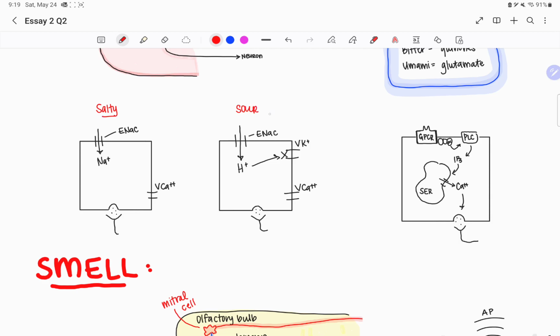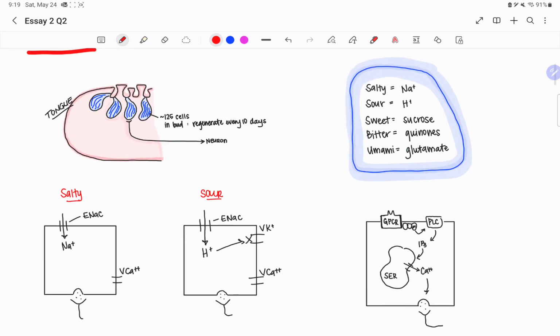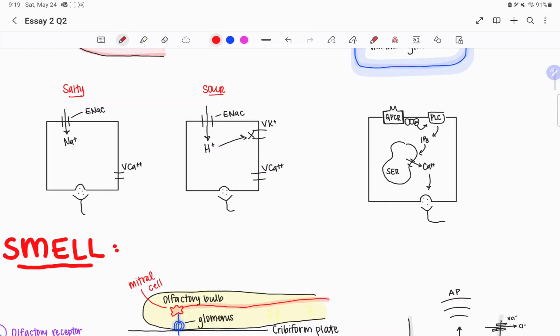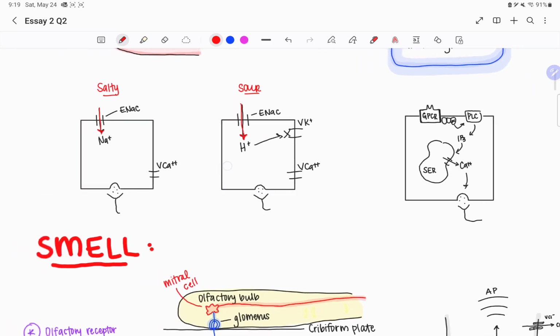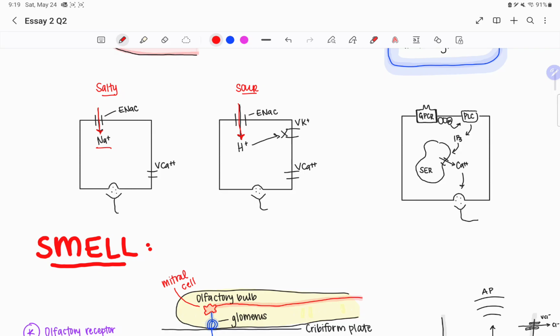Now, these are the only two of the 5 that we have here that actually let ions into the cell. For the salty, sodium rushes into the cell. That depolarizes the cell. However, it doesn't cause an action potential inside the cell, it just causes a graded potential.